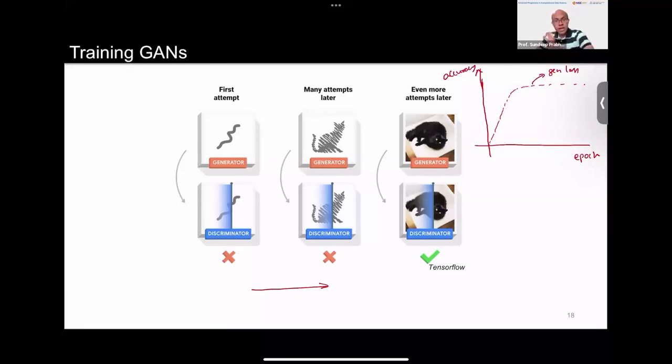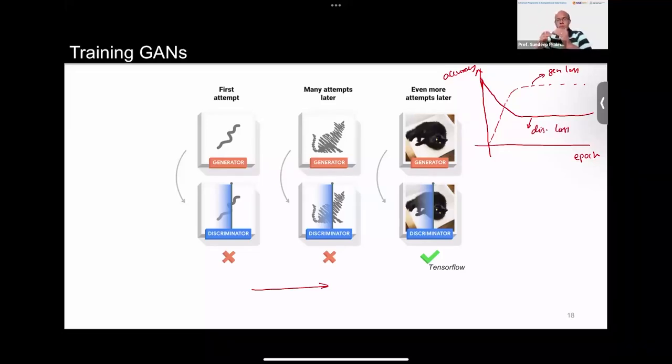A successfully trained GAN would have such a learning curve, where the discriminator has a very high accuracy to begin with, and as the training progresses, the discriminator's accuracy should go down and become worse than the accuracy of the generator. So this is the discriminator loss.